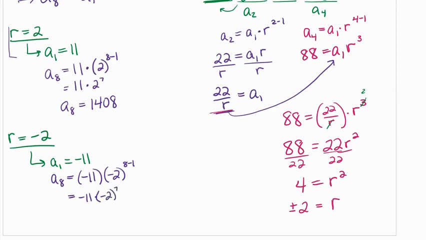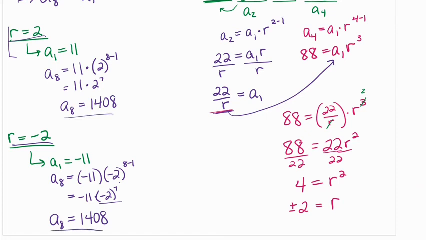Now if I do a negative to an odd exponent, I'm still going to end up with a negative result there. So then a negative times a negative 11 will again give us a positive 1,408.